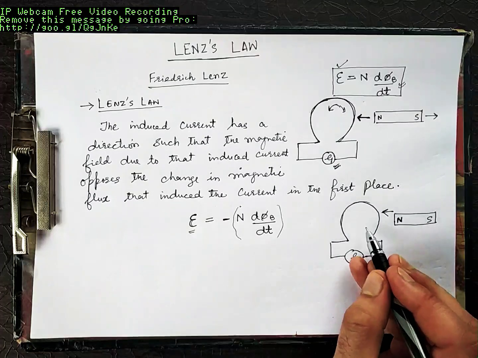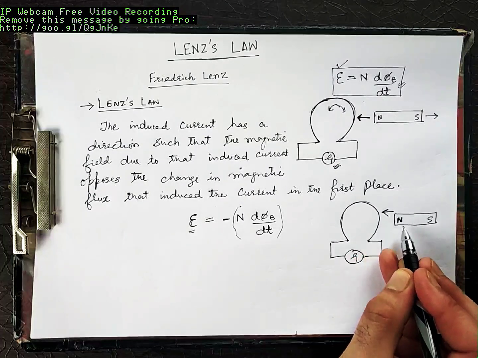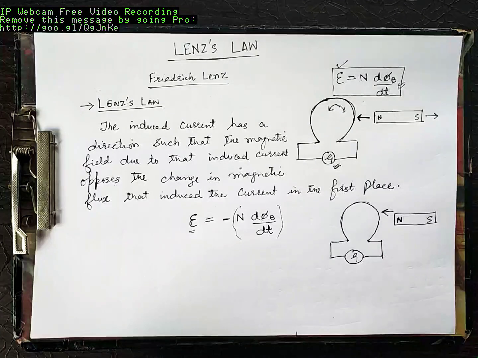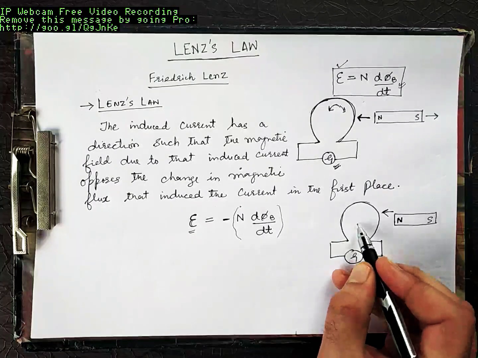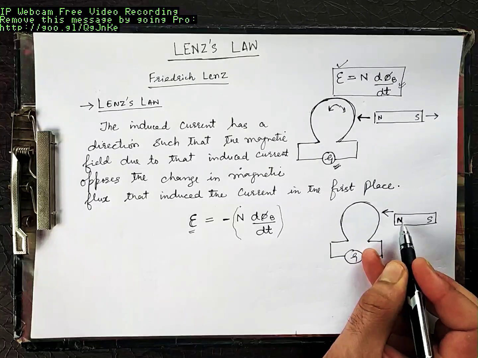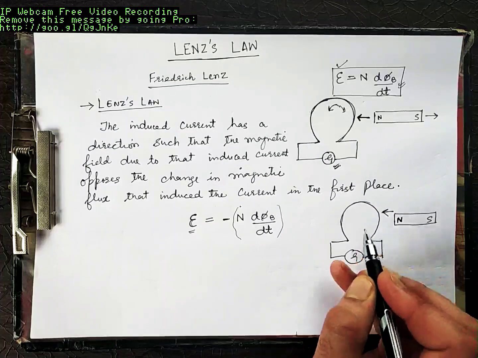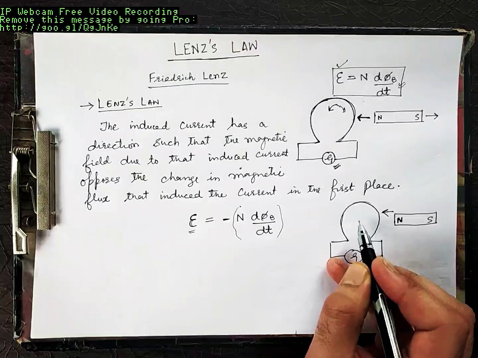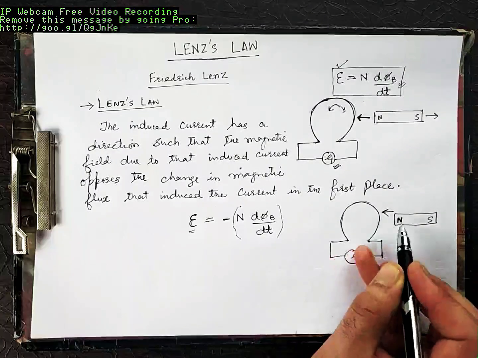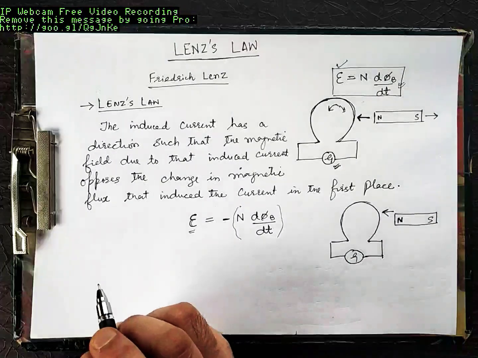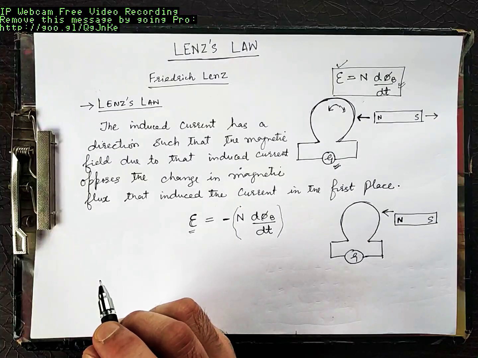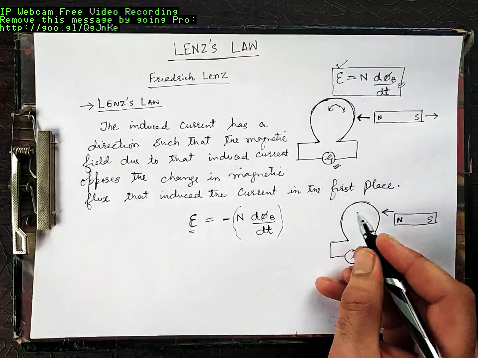How can this coil oppose this north pole of the magnet? This coil can oppose this north pole of the magnet if there's, say, a north pole on the coil on this side, then this north pole will repel this north pole. So this should be a north pole on this side.